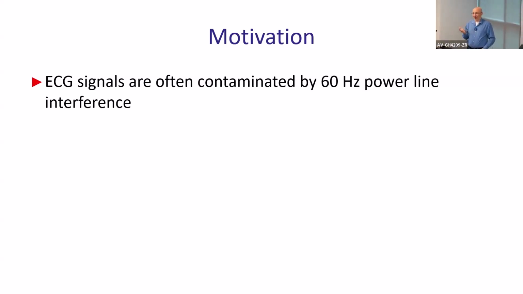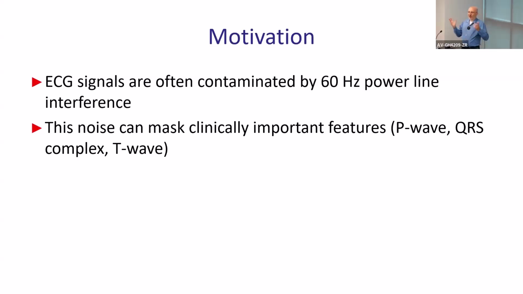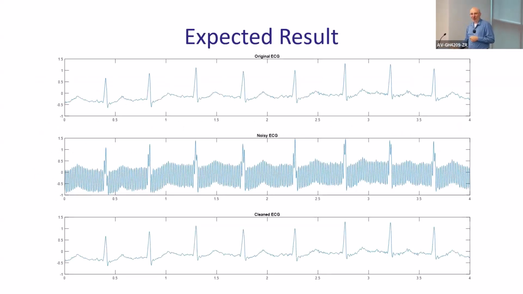You don't want all these ripples of 60 Hertz in your signal because you want to identify all kinds of properties of your EKG or ECG signal. You want to identify all kinds of specific waves, R to R intervals, which is between the pulses. I can show you how it looks. It's the top part. It's ECG. Okay, this is the clean ECG.